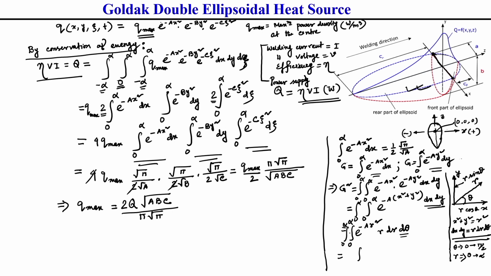So, the first term is the integration of 0 to pi by 2 d theta, and for the r terms it becomes 0 to infinity e to the power minus a r square dr, and here there will also be an r. Clear? I think it is very clear to you.